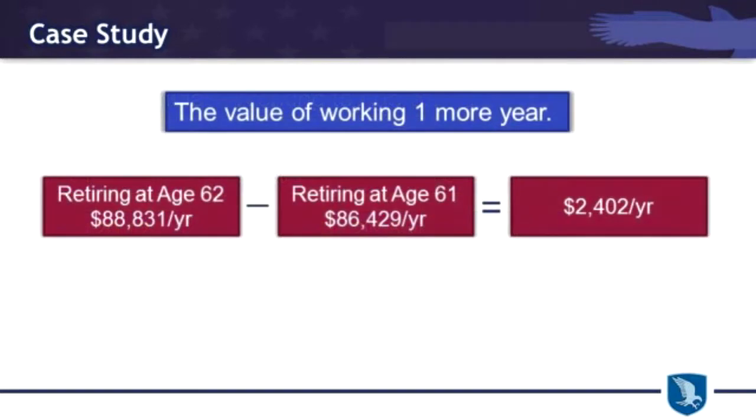So if we work 1 more year, then you have the value retiring at age 62 is $88,800 per year, minus if you'd have retired a year earlier at $86,000, giving you $2,400 a year in additional pension income for working 1 more year. Now, that is a gross number. That is not a net number, so you have to take taxes out of that. But that comes to about $200 a month that you would pick up in additional annuity in this scenario if you worked 1 more year.